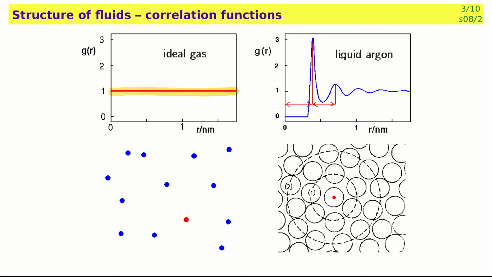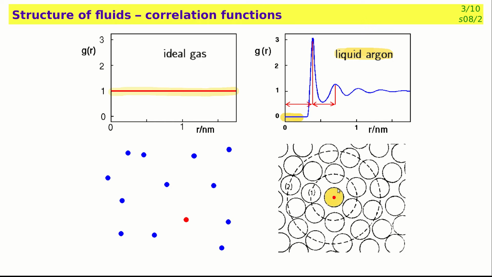What about such a simple liquid like liquid argon? Here there is the experimental radial distribution function for liquid argon, and what we can see is that it is 0 at very small distances. That's because I cannot smash two argon atoms together because they repel each other a lot at very short distances.